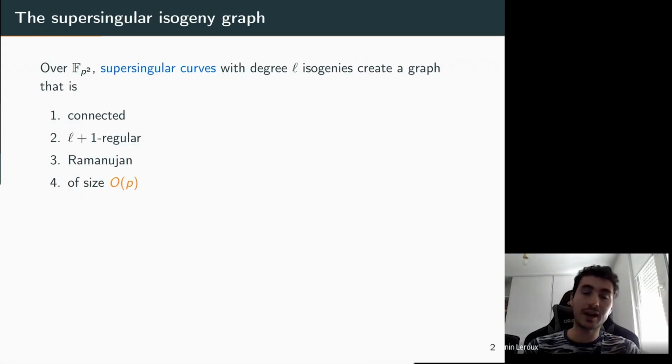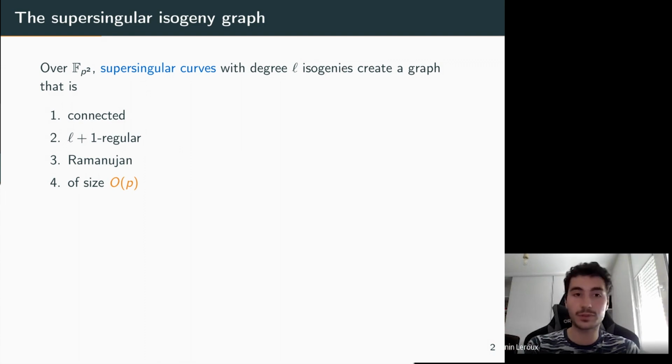Once we have elliptic curves and isogenies, I can build a graph where the nodes are going to be my curves and the edges are going to be the isogenies. And if I restrict to a given degree L, then I can create a graph with very specific properties.